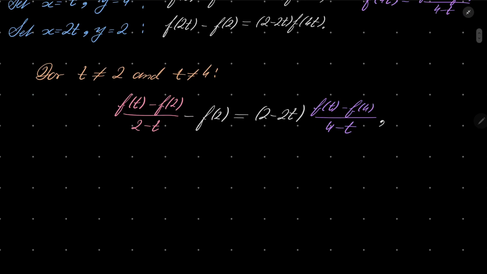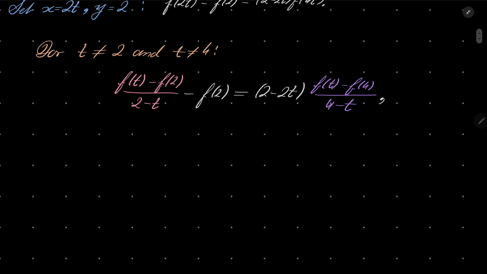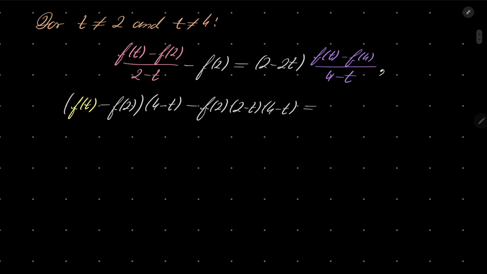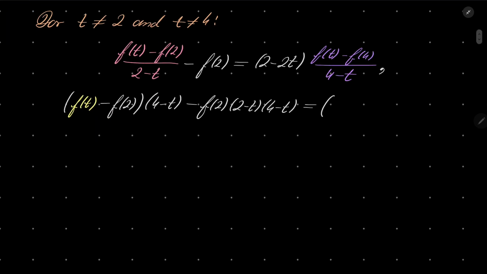Alright, now let's get rid of the denominators. We'll have the following. (f(t) − f(2) − (2 − t) f(2)) (4 − t) equals, and here we'll have (f(t) − f(4)) (2 − 2t)(2 − t).